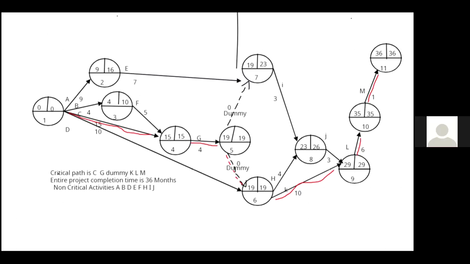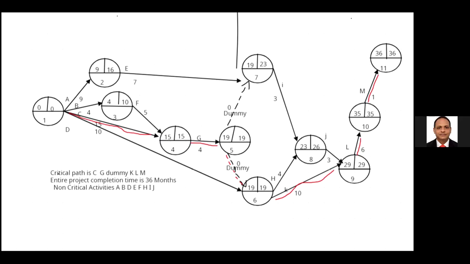Excuse me, sir. I asked about event number 7. Then we can 19 minus 0, 19. 26 minus 3, 23. Now, I ask why can't we get 19 as the latest completion time of event number 7? Event number 7, how are we going to calculate the latest completion time? Remember, we consider the backward arrows, right?